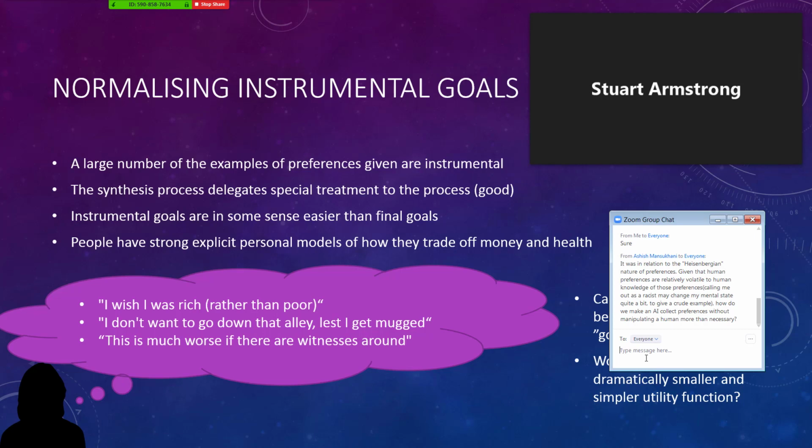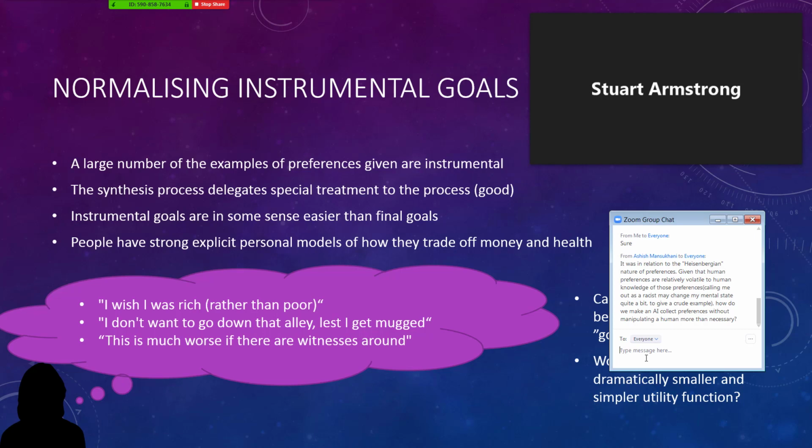Another reason is that this is a reminder that there are identity preferences. Any preference synthesis needs to remember them, and so just labeling them is good for that.